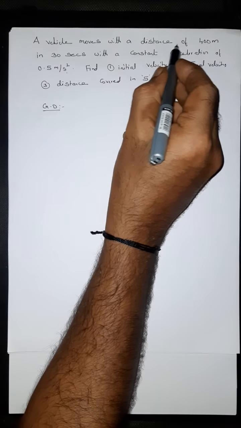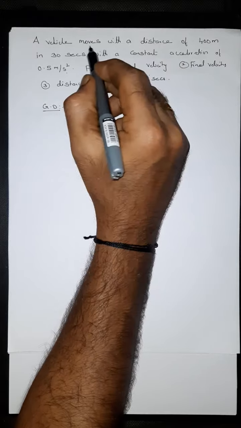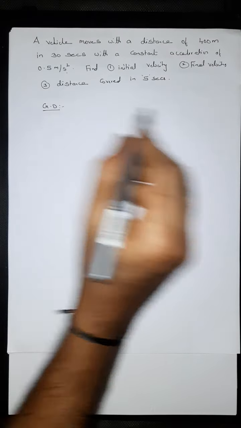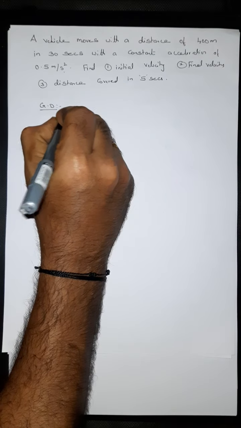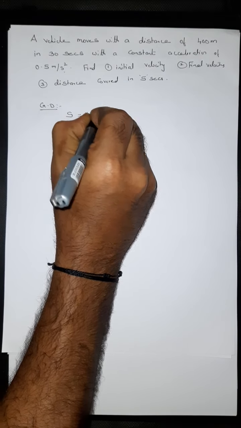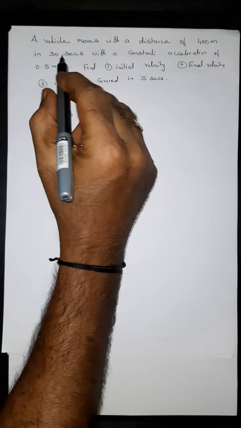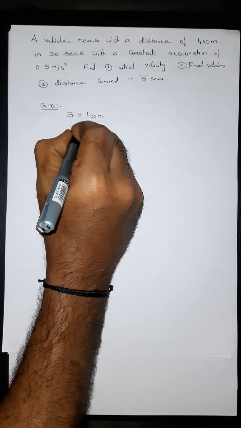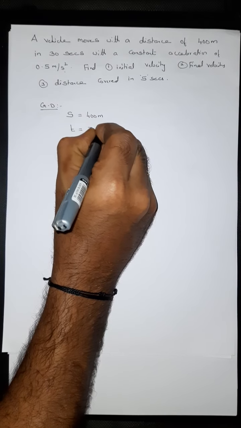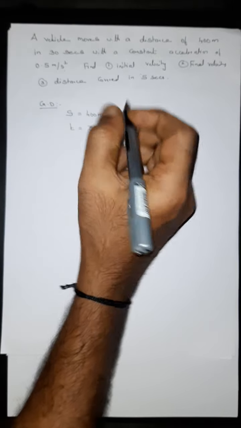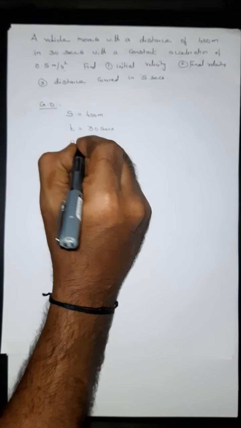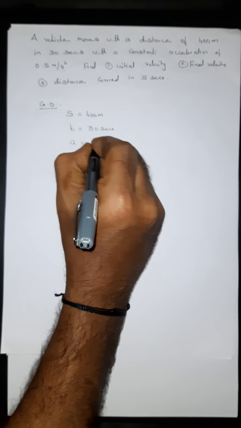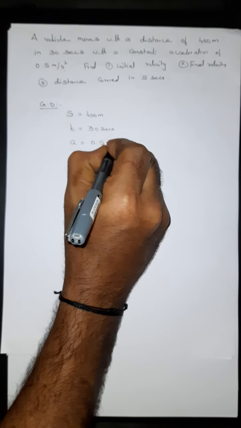The vehicle moves a distance of 400 meter. Distance, in other words displacement, can be represented as S is equal to 400 meter in 30 seconds. That is, time taken is 30 seconds, with a constant acceleration of 0.5, which is acceleration a, 0.5 meter per second square.